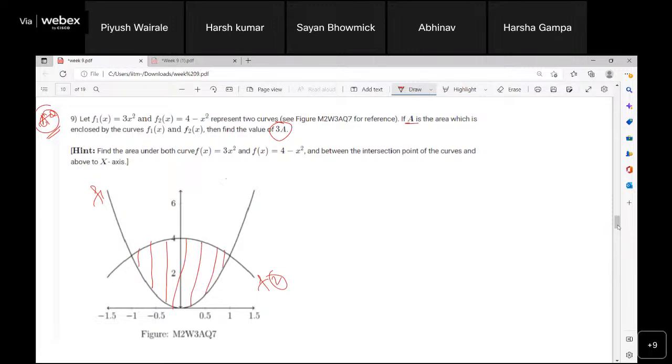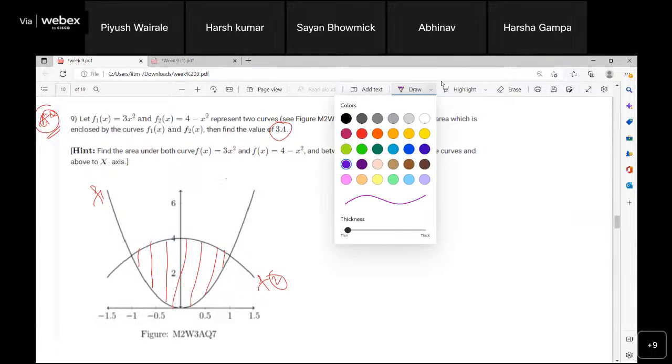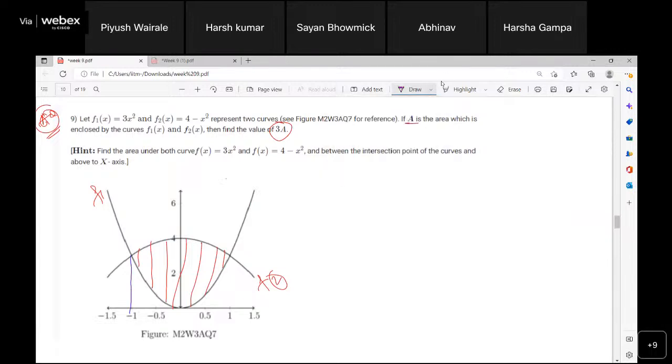How to find out this area? I can find out the area under this curve from this point to this point, and then I can subtract the area under this curve. Then I will get the area enclosed by this, right?